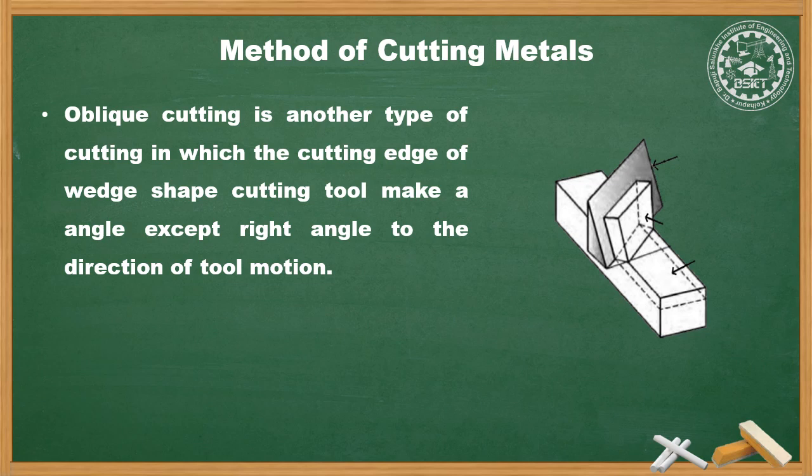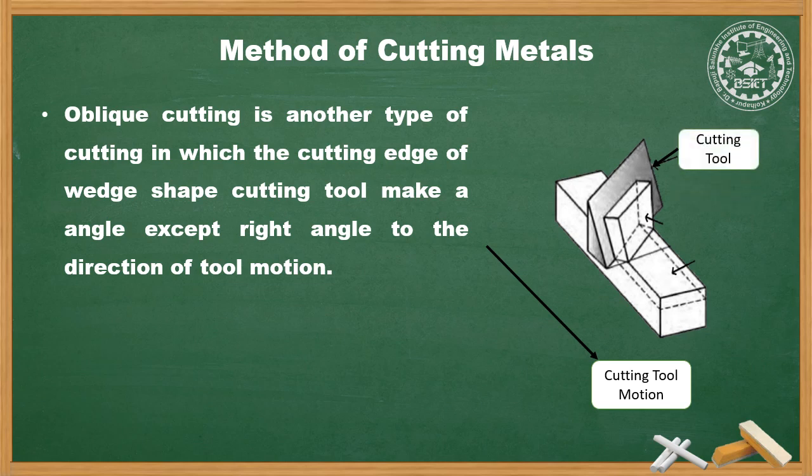As shown in the figure, the workpiece is again stationary or fixed and the tool is moving along the upside direction. The cutting tool makes some angle with the workpiece, and the chip is flowing again over the cutting tool but away from it.